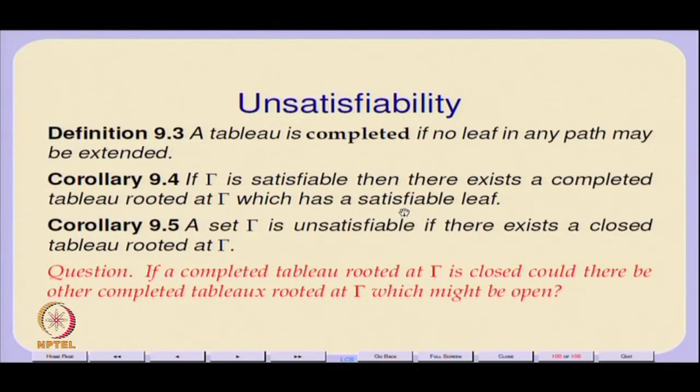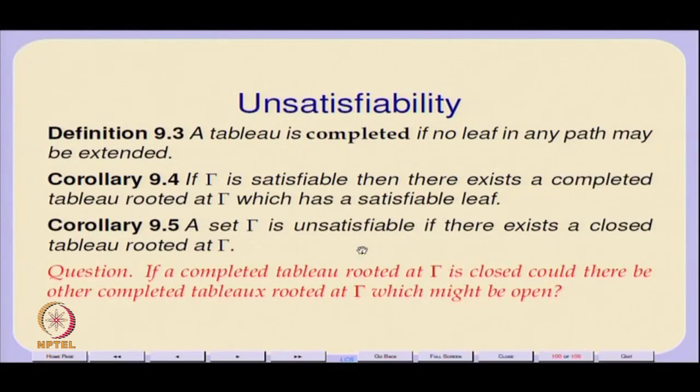So that should answer your question. A completed tableau in which there is at least one path which does not have bottom in it as a leaf is a satisfiable leaf, if there is no rule applicable.